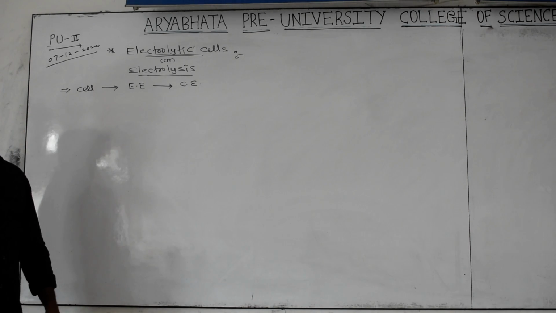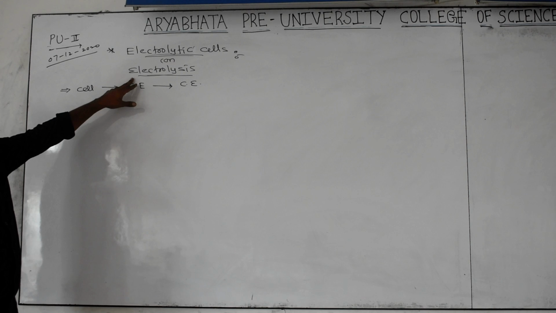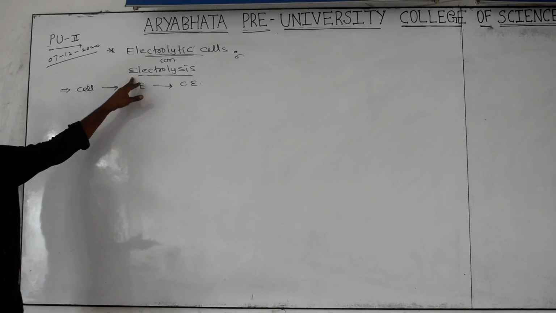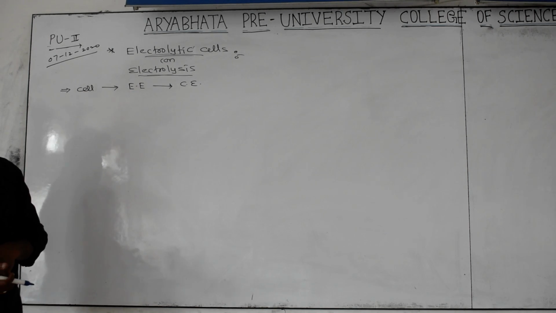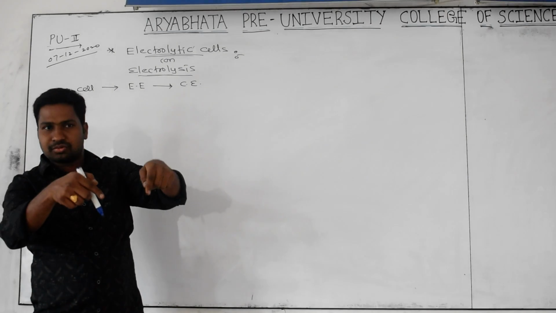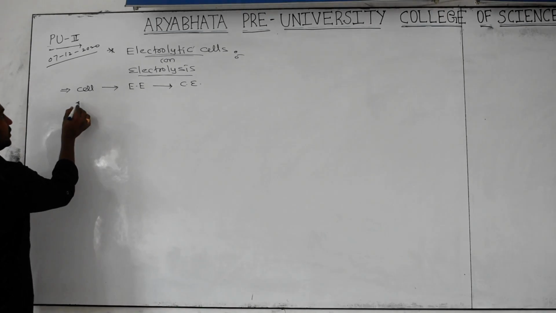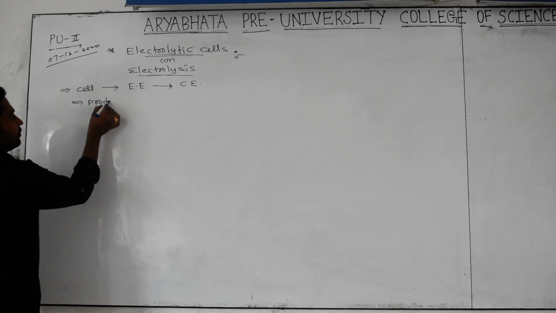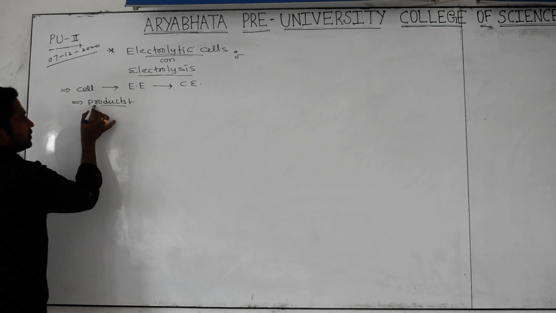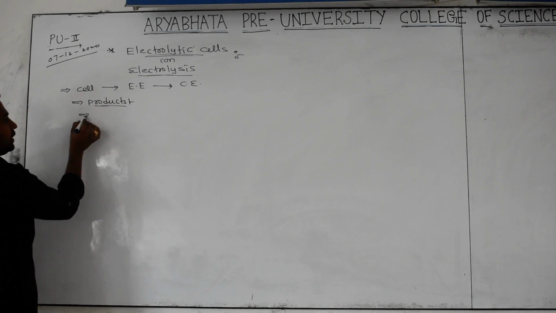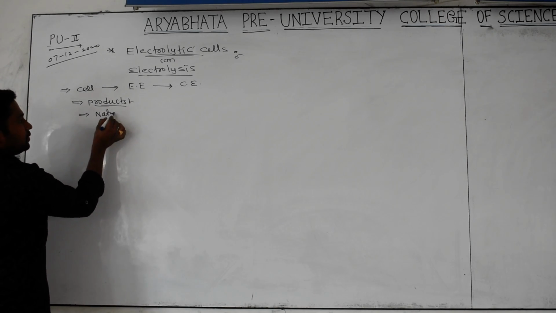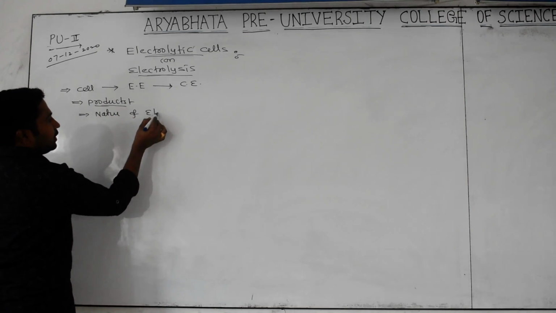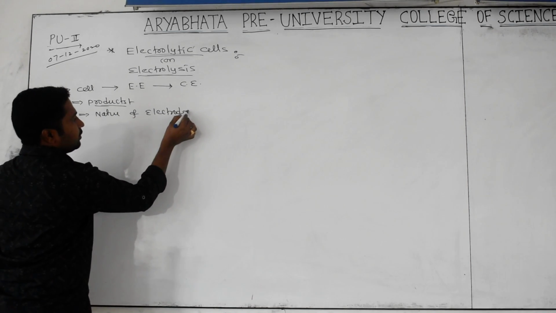Some points you have to remember here. Under electrolysis, the products obtained depend upon some factors. Formation of the products in electrolysis depends upon the nature of the electrodes. Can you tell some other?